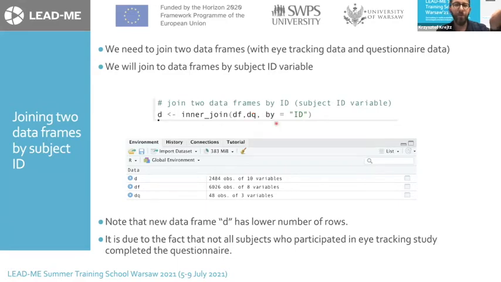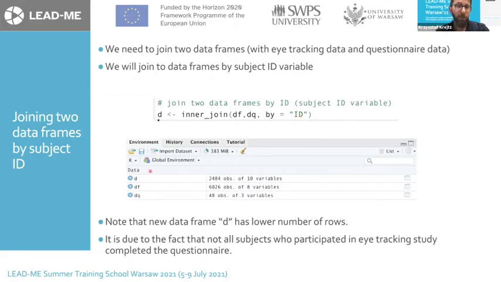I want to join them by the variable called ID. Even if I forget to do it, that's the only variable which has the same name and values in both data sets, so it will do it automatically by this variable.